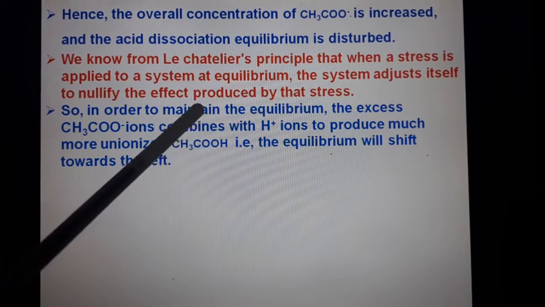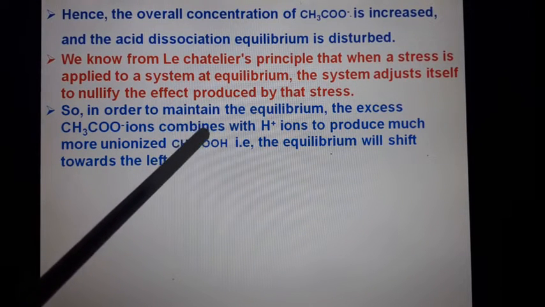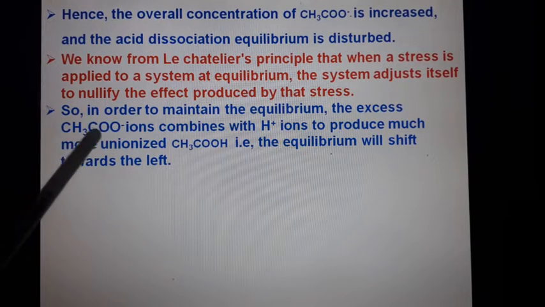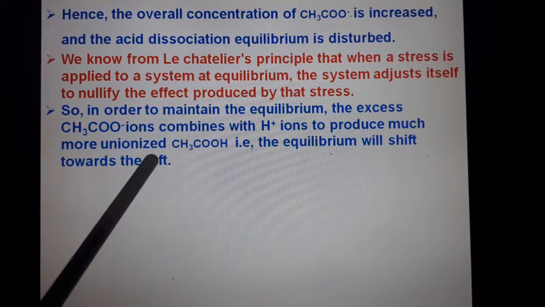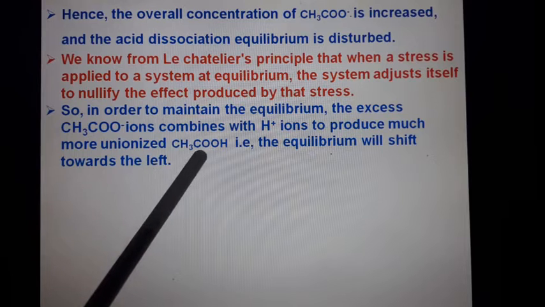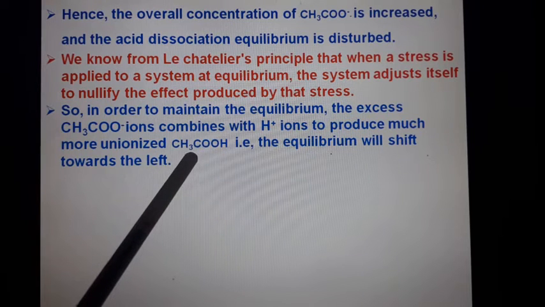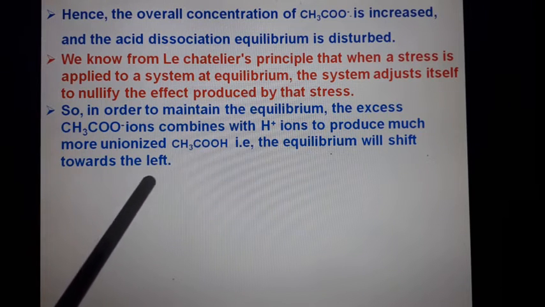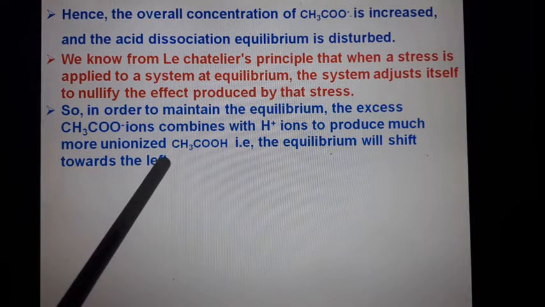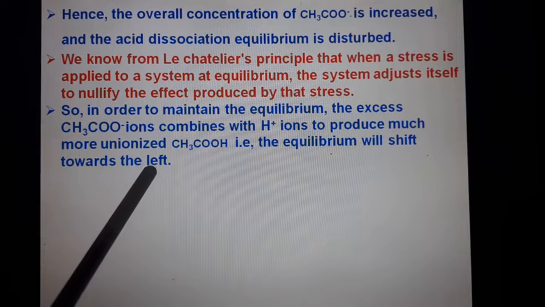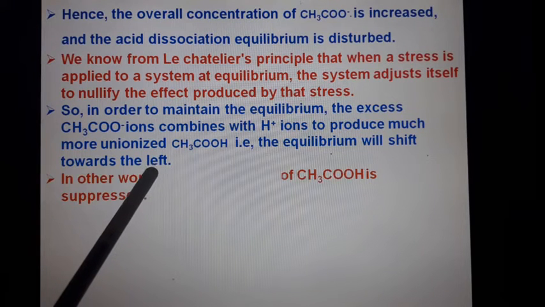So in order to maintain the equilibrium, the excess CH3COO minus ion combines with H plus ion again to produce the acetic acid molecule. So the equilibrium will shift towards the left. Left side means reactant.